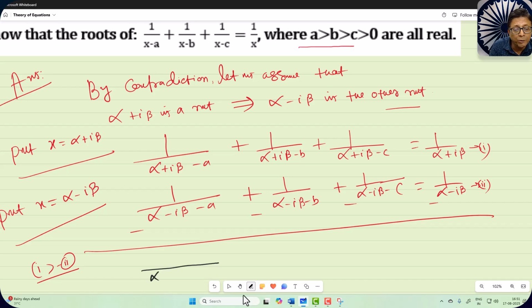So this will be the product of alpha minus A plus I beta, LCM I am taking when we are subtracting, into alpha minus A minus I beta.